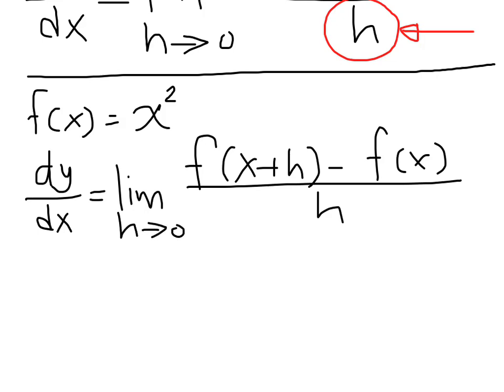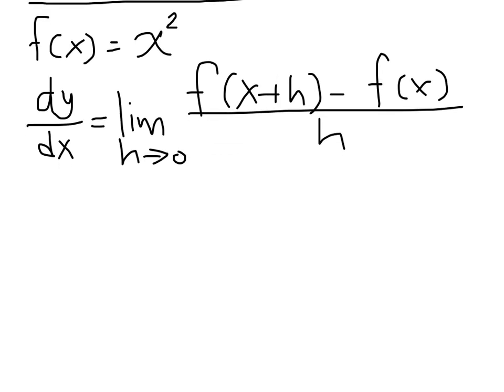The reason I ask you to start with this is the following. When you have this formula, you ask yourself, what do I do for the next step? I need to determine f of x, and then f of x plus h. Together we substitute, and then we find the derivative dy by dx.